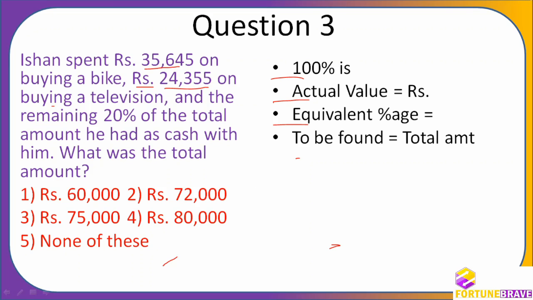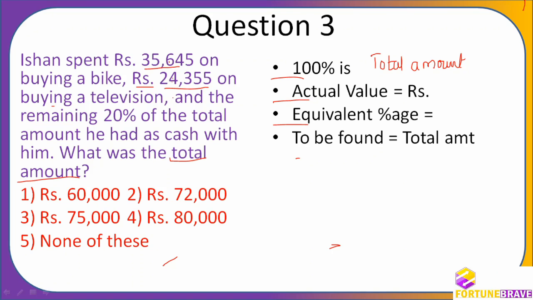100% is what here? 100% is the total amount. This total amount that we are going to find out, the total amount he had. Whatever he is spending from, that is his total. What is the actual value? Actual value is the addition of these two, my dear friend.